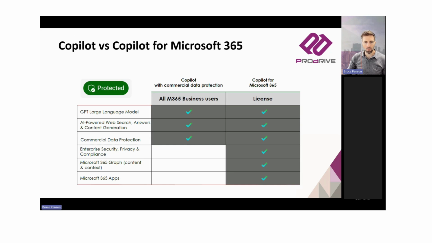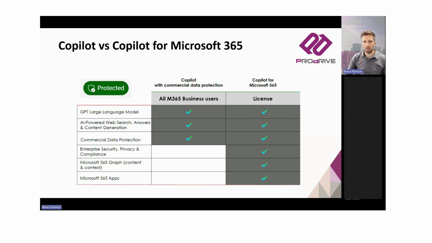So today we're very much focused on Copilot. We have done a number of other webinars on AI and various other Microsoft 365 components. But what I wanted to just explain first is what Copilot for Microsoft 365 is.